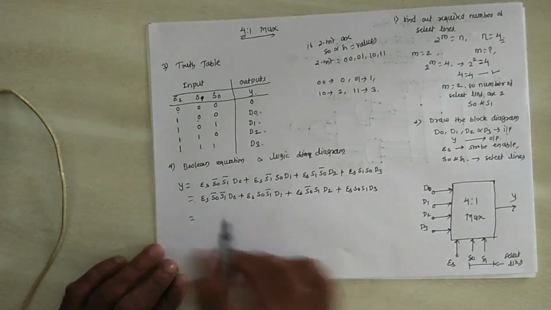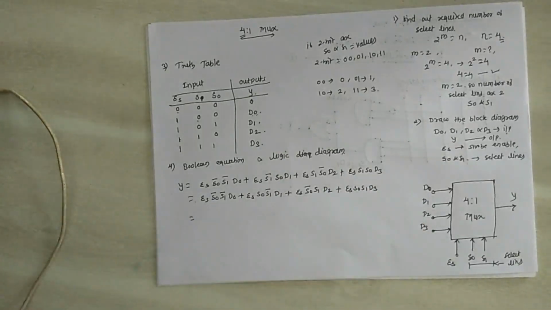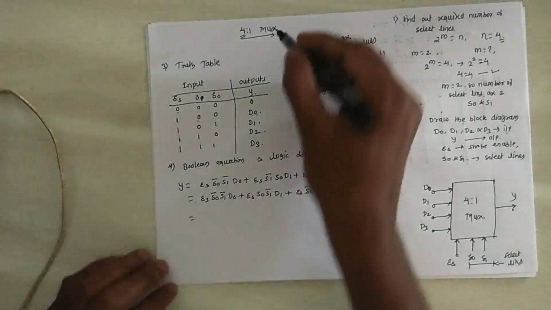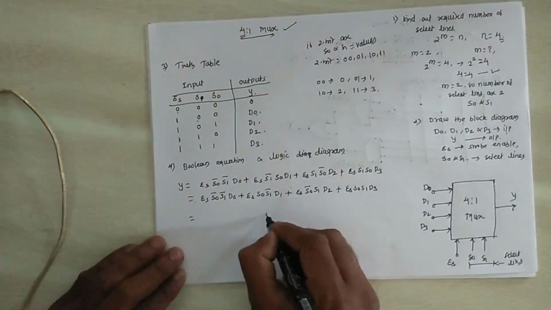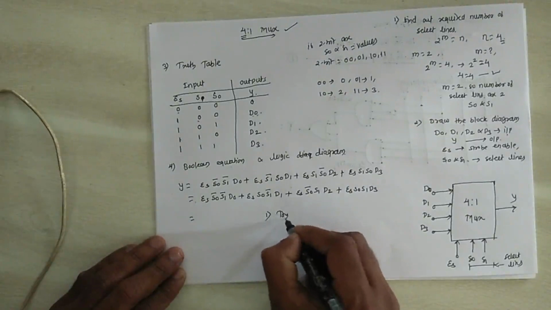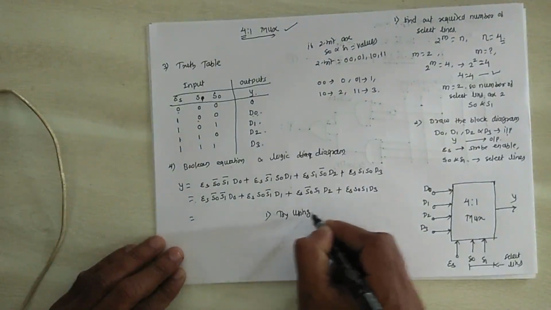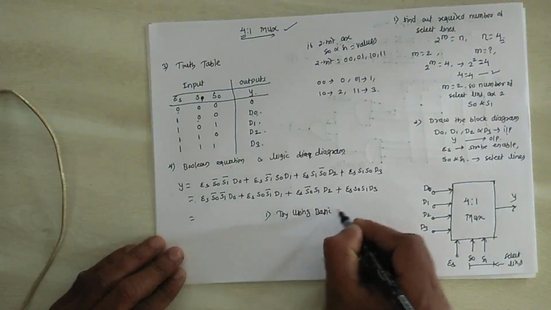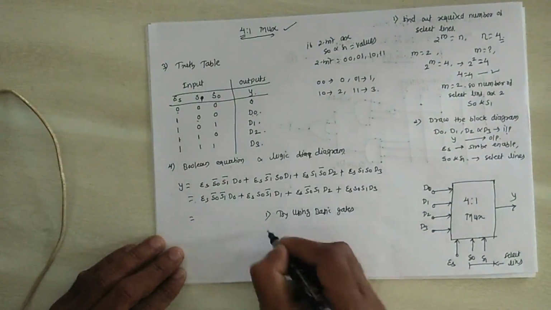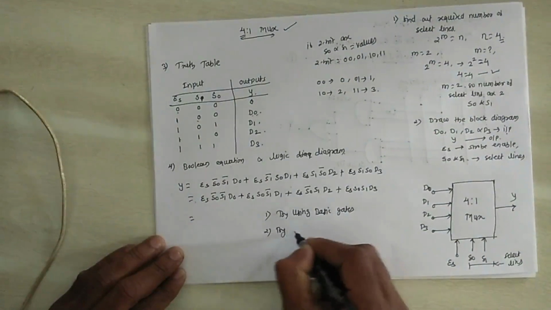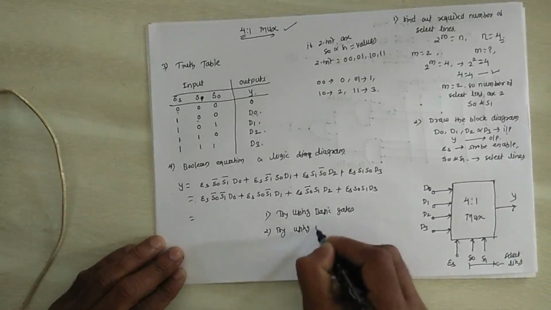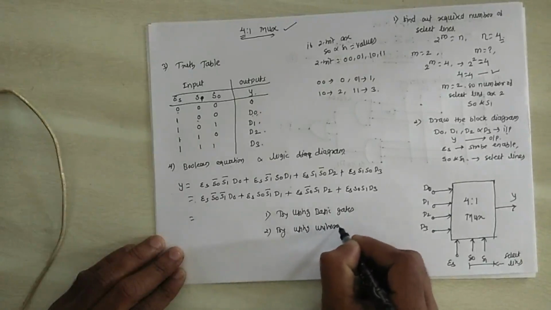Then we can implement the logic diagram of the 4:1 mux in two different ways. The first one is by using basic gates, and another approach is by using universal gates.